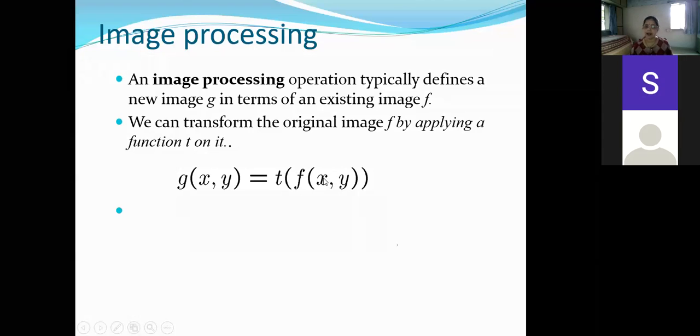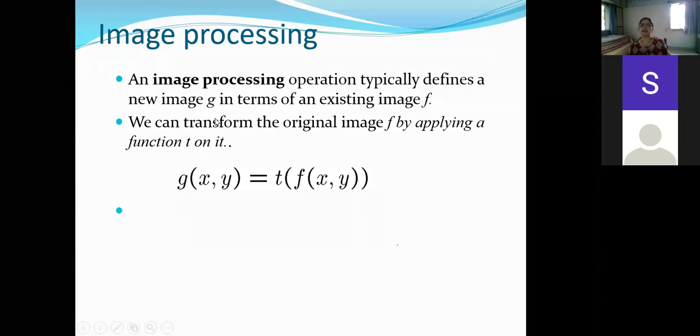When we apply the function on some local neighborhood, where along with the pixel under consideration we take into account some neighborhood of the pixel, this technique is known as mask processing. Again, we will be studying further details afterwards.